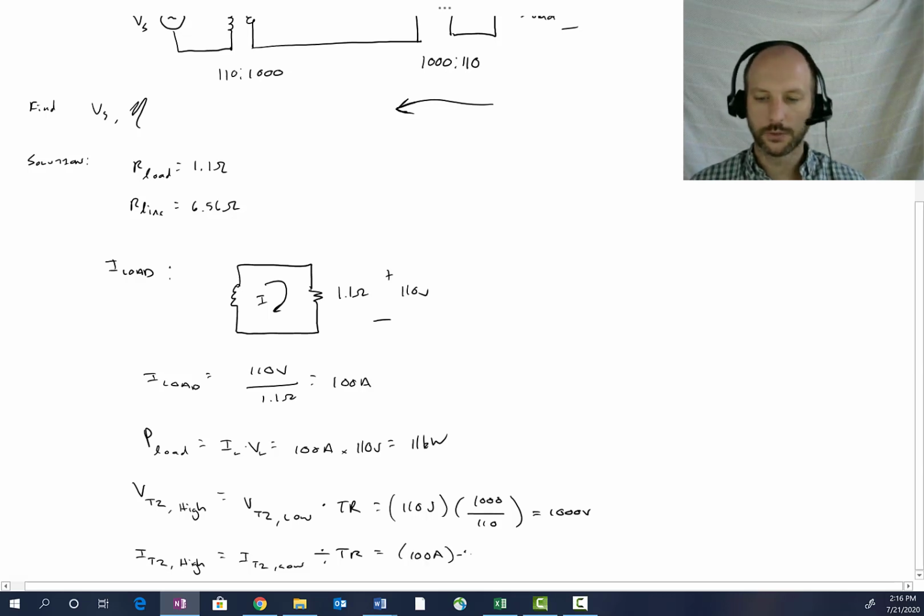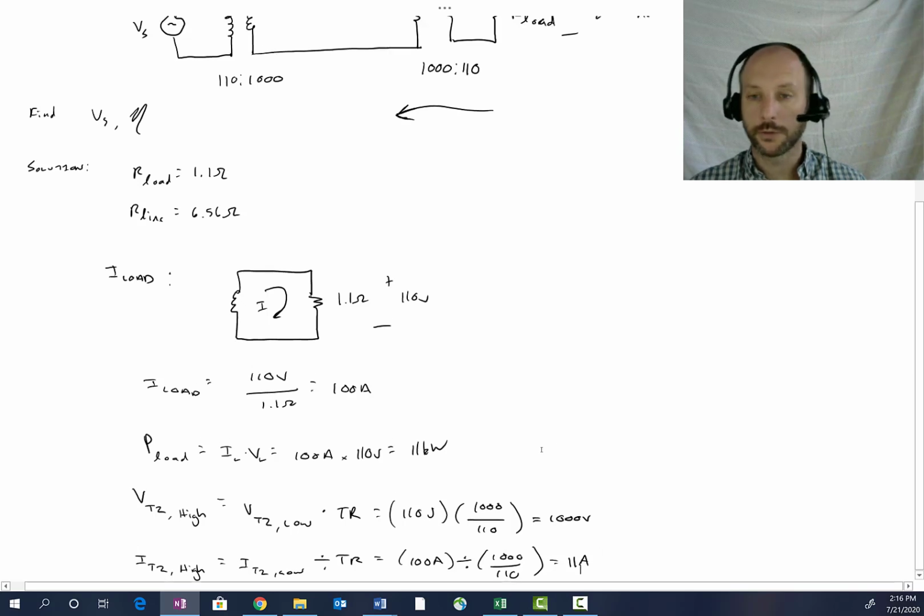That gives us a current flow in the high side of transformer 2 of 11 amps. So now we know how much voltage and current is flowing through the primary and secondary of transformer 2.